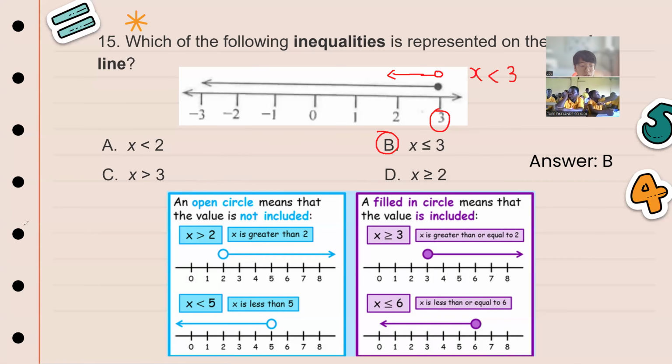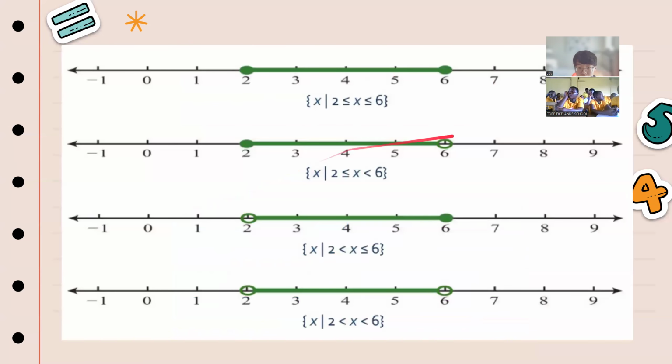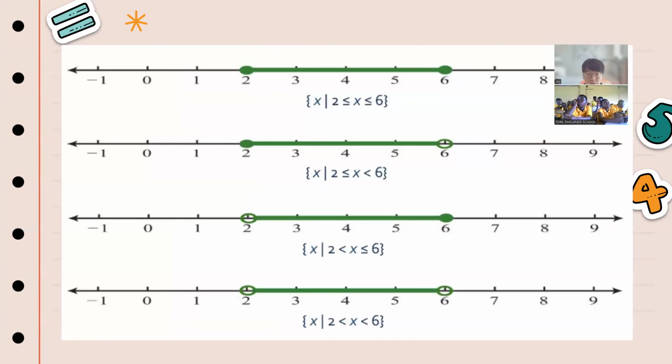Okay, let's look at more examples. In this case, we have a two-way inequality. We can see that x is between 2 and 6, and it is closed. Can you see that this is a filled closed circle?